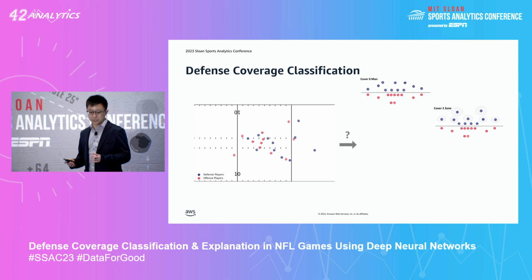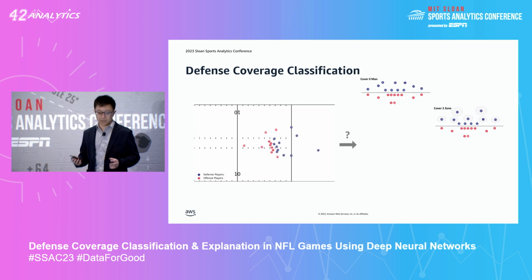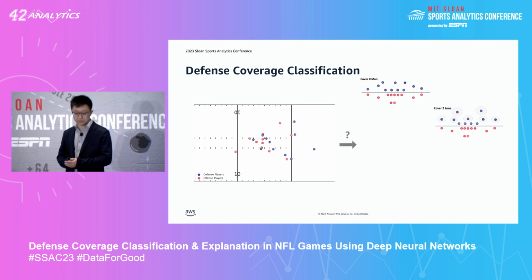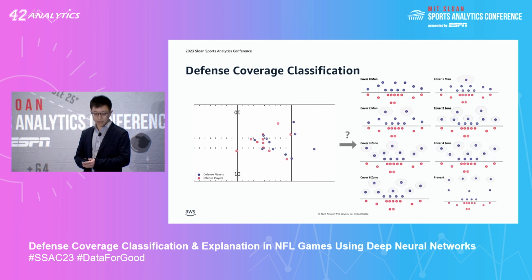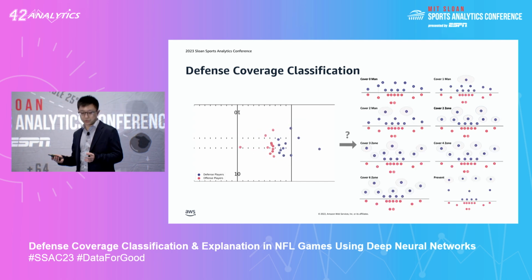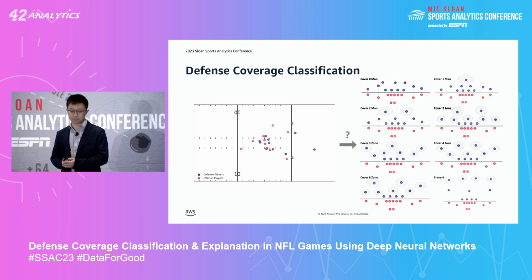Instead of being responsible for a specific offensive player, the defender is responsible for a specific area on the field. And this is a cover 2 zone because we have 2 deep safeties on the top and 5 zone coverages. Aside from these 2 classes, in total we consider 8 common coverage types, and the objective is to put the defensive strategy into one of the 8 buckets.